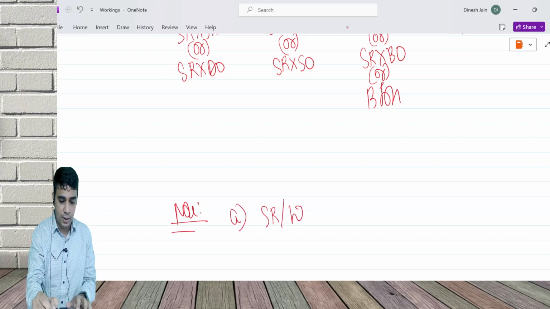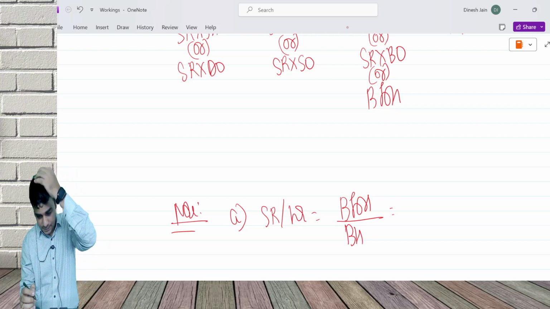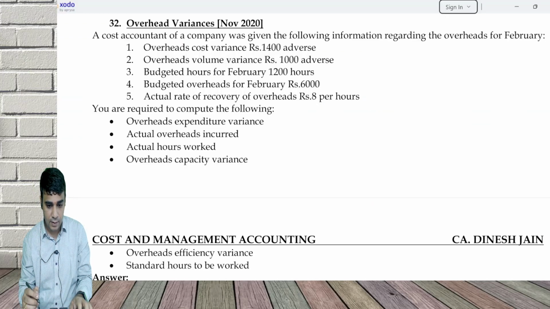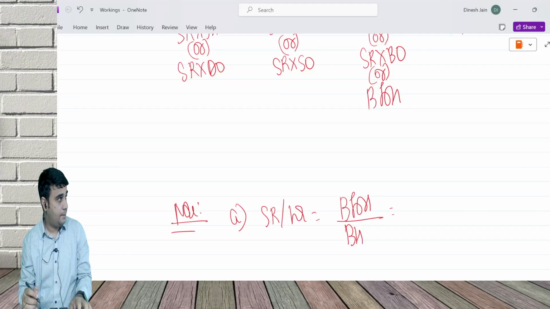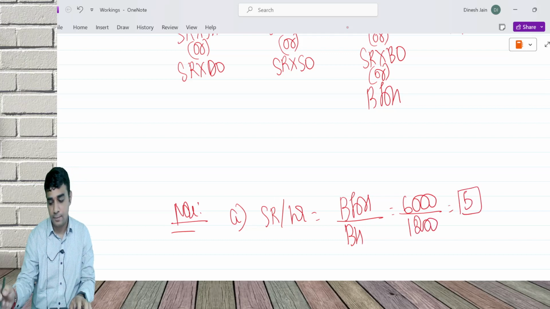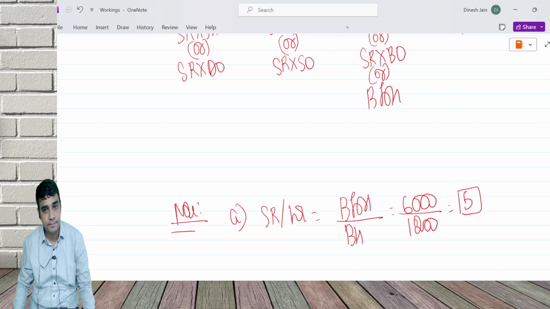SR per hour is equal to BFOH by BH, budgeted fixed overhead by budgeted hours. How much is the budgeted fixed overhead? 6,000. Budgeted hours? 1,200. 6,000 by 1,200 is 5 per hour.